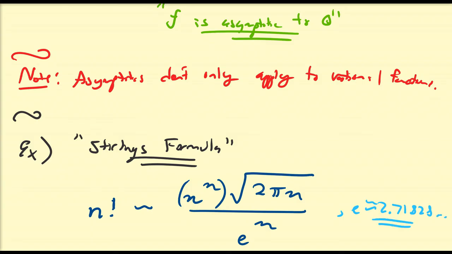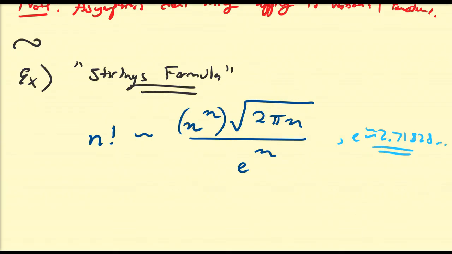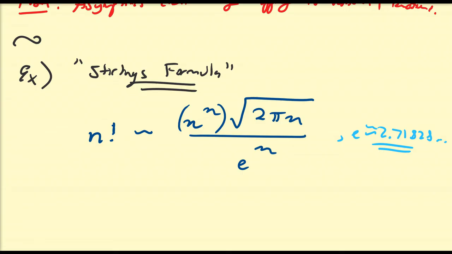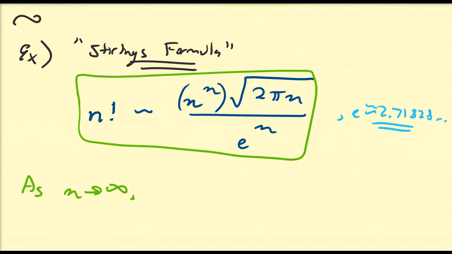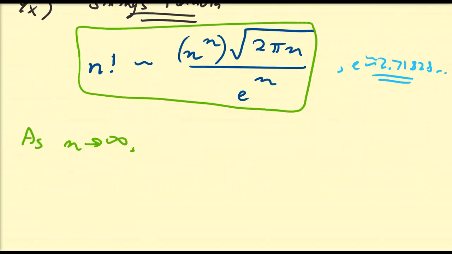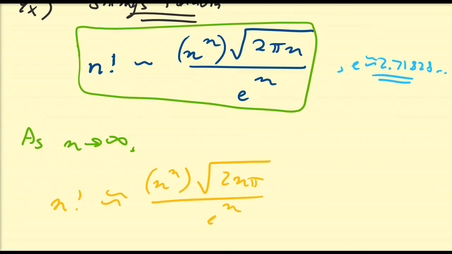It's a special number like pi, and we're going to look at this number in great detail. So as n gets close to infinity, n factorial is approximately equal to n to the power of n times the square root of 2 pi n all divided by e to the n.